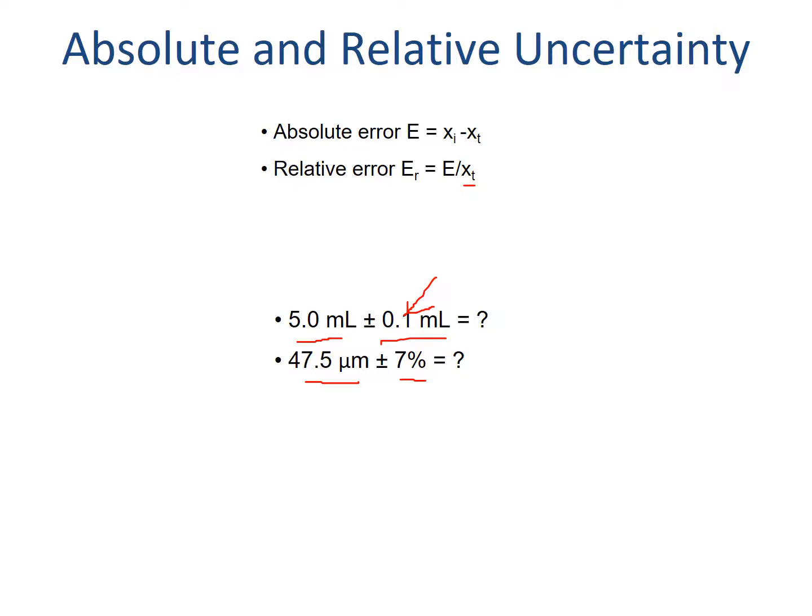Likewise, if we said that we have 5.0 milliliters of sample and we have 1.0 milliliters of uncertainty, we wouldn't really want that decimal place in either of those, because there's too much uncertainty to say anything about that decimal place if you could have a plus or minus 1 value. So we're always going to make sure that we have just 1 sig fig, and that sig fig is going to match up with the last reported sig fig in the actual value.